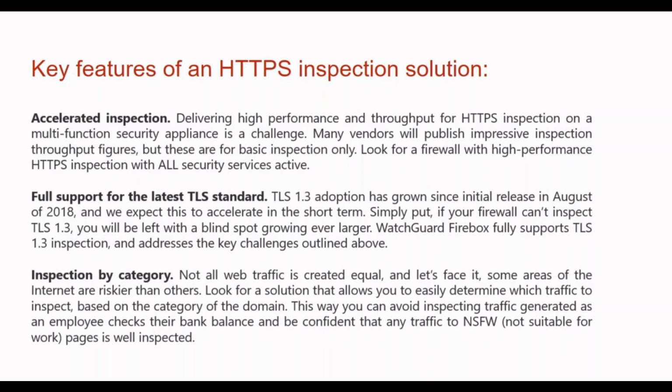Inspection by category. This is related to the way that we enable you to do the configuration. Sometimes when it comes to inspection, what we worry about is specific categories, let's say, as an example, Facebook or social media or things that we really cannot trust, or in other words, that we don't know who's the source of that information.